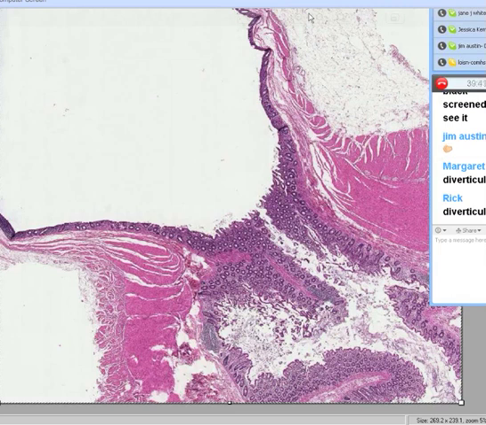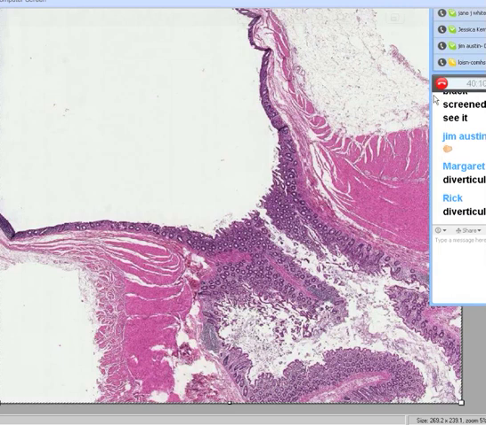So here's my next question. Is this diverticulum a full 4-layered wall or not? I know you're thinking. Actually, I'm thinking too, because you do see a little bit of muscle and you see some mucosa and submucosa. So if you said, yeah, technically it's a true diverticulum because it has all 4 layers, then I wouldn't fight with you.